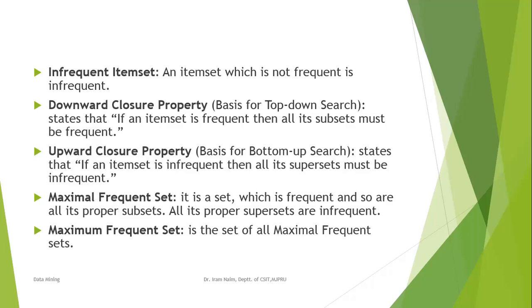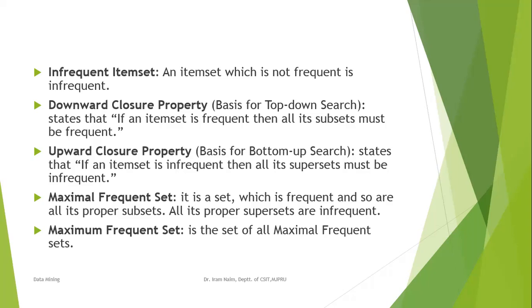Okay. Suppose you have a 3 item set, and you are purchasing 3 items together, and now you are taking the partitions of that item set in different ways, like A, B, C is the item set which is found to be frequent.